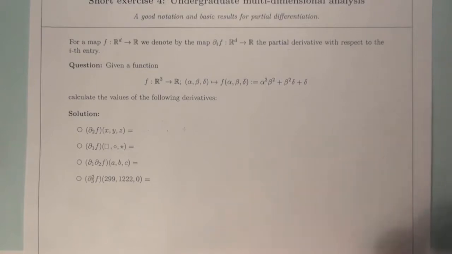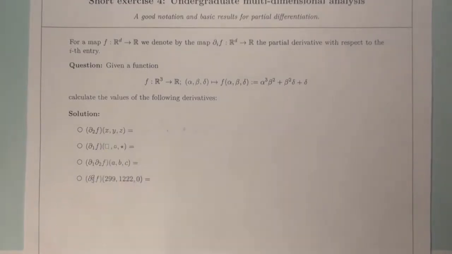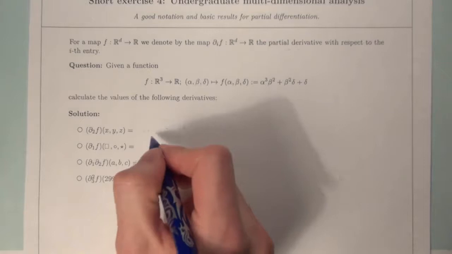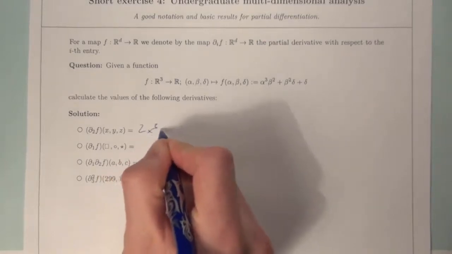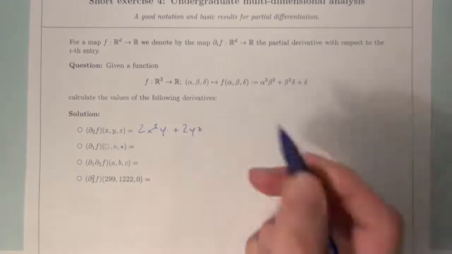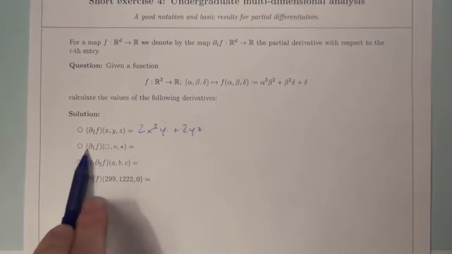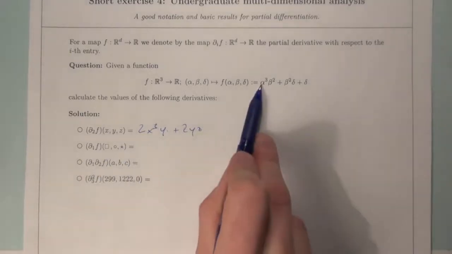But as I said, this is a function in its own right and it's evaluated at x, y, z. Therefore the result is 2 times x to the power of 3 times y plus 2yz.